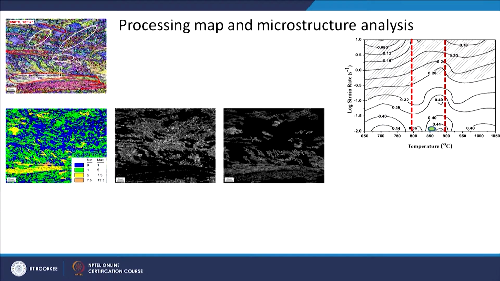And based on this GOS we have also separated the two types of grains. This is the one which has a lower GOS, let us say less than 1, and this is GOS more than 1. So, you can see two different clear microstructures here.